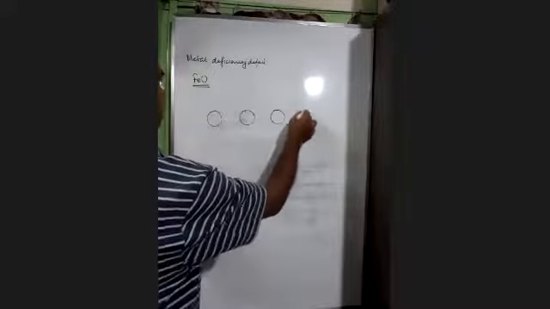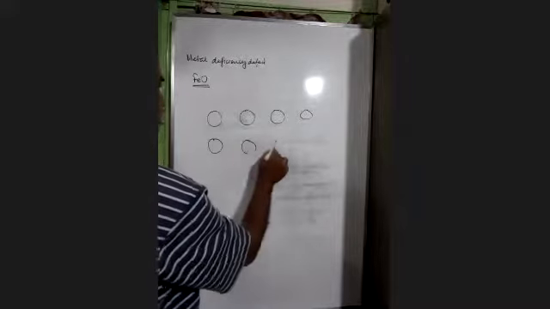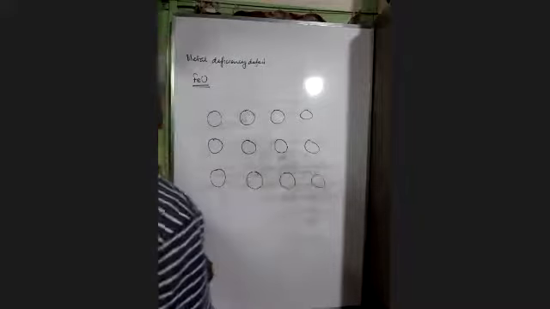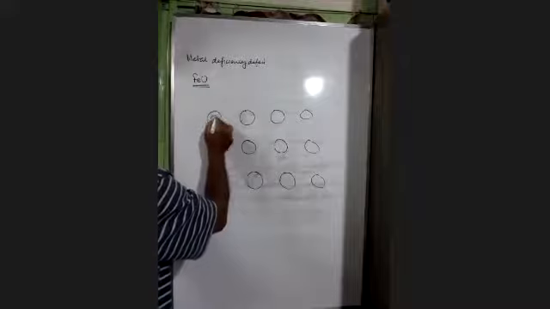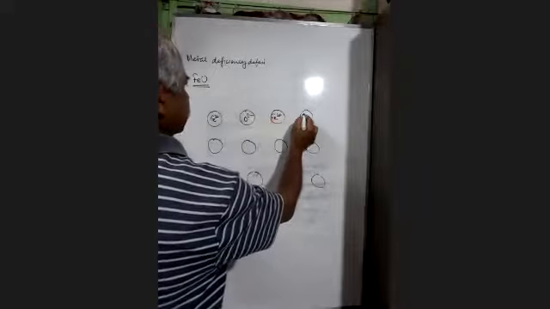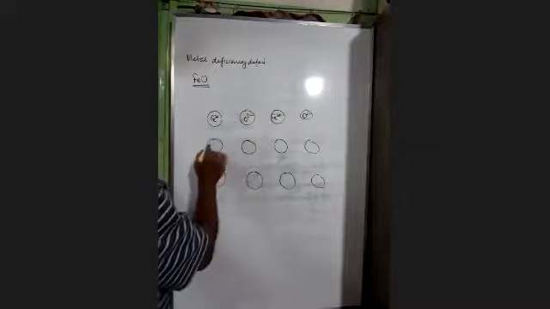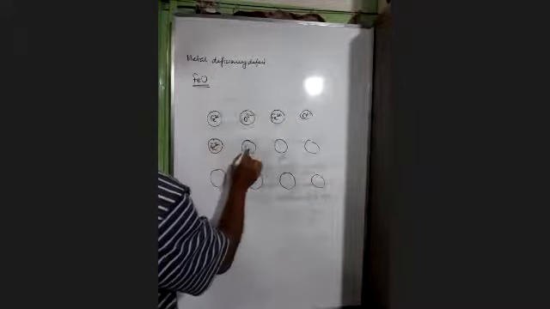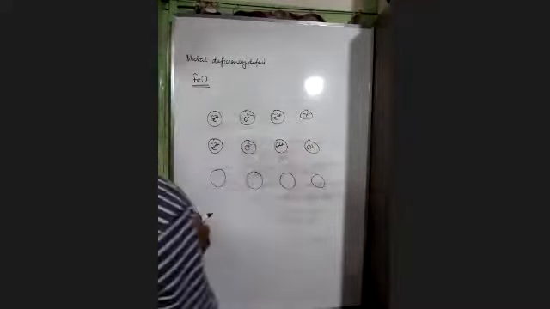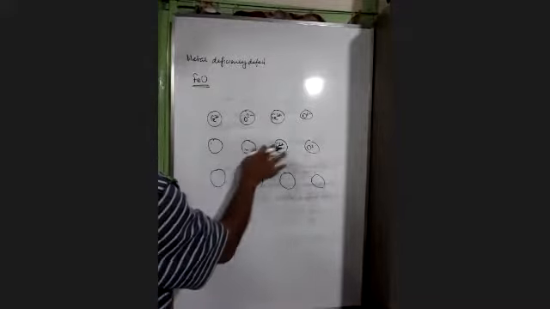So let us take the example of ferrous oxide. So it is Fe2+ O2-.